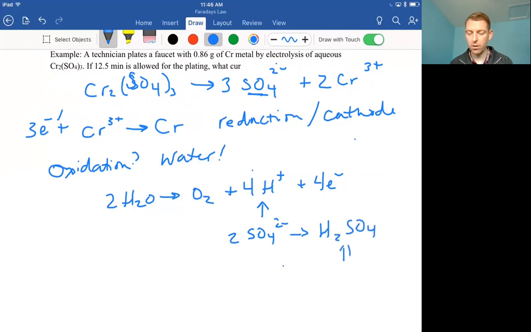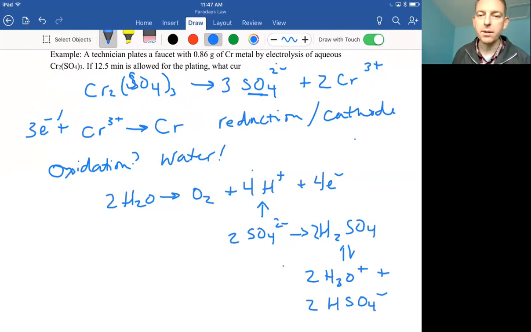Which of course is going to work in equilibrium with water to end up with some amount of H3O plus and also HSO4 minus, okay? So there is going to be some balance. You know, in the end, it's going to be more acidic, but here we go.